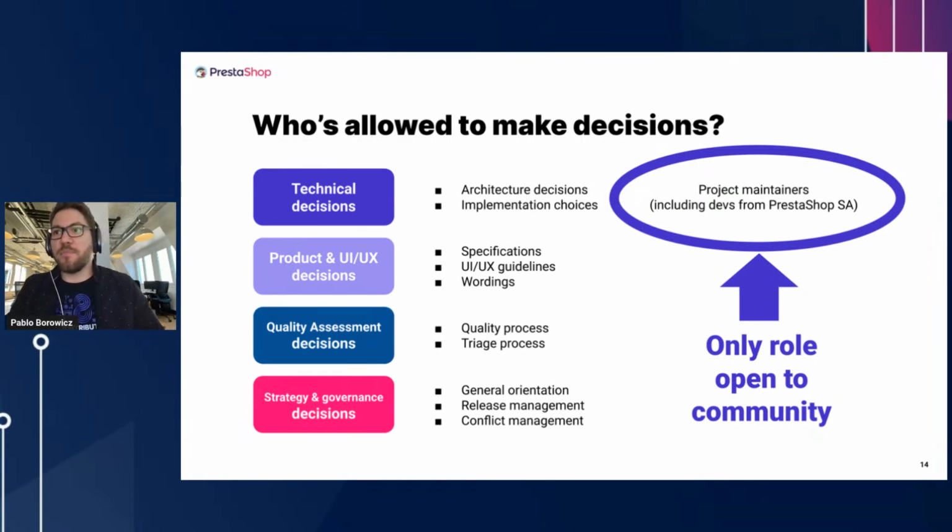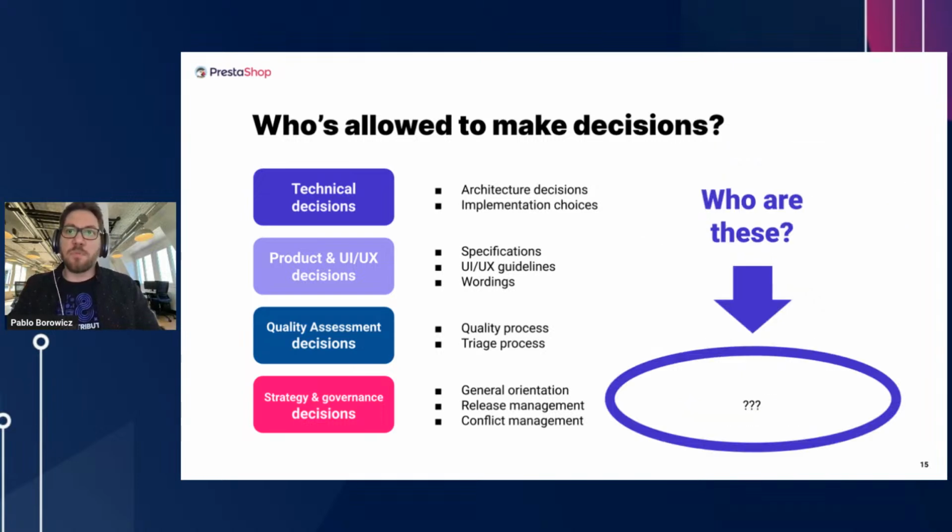So the inevitable truth is that without community help, we're going to find ourselves limited in the number of decisions that can be made. The second problem, as I said before, is that there's no clarity about who makes these very important decisions.